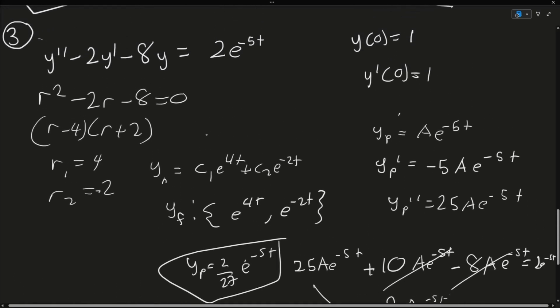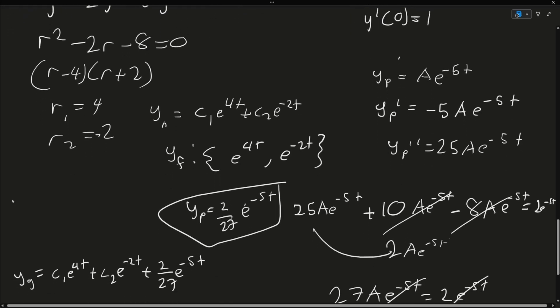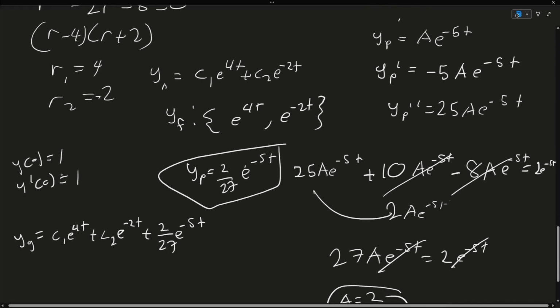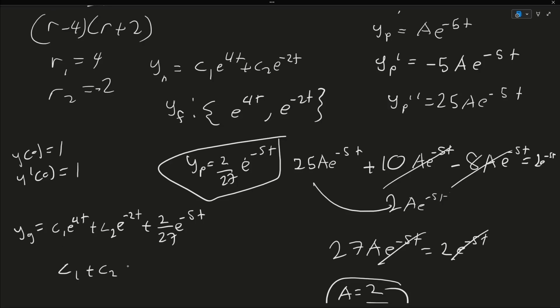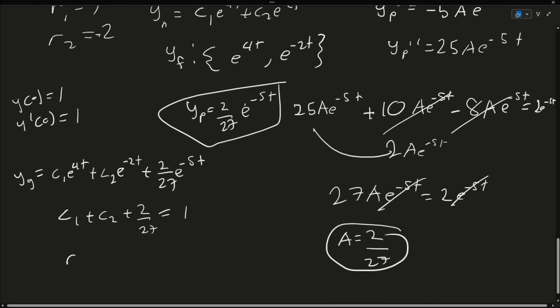Our initial conditions were both y(0) equals 1 and y prime of 0 equals 1. For y(0), this means c1 plus c2 plus 2 over 27 equals 1, because the exponential terms generate 1. So c1 plus c2 equals 25 over 27 from the first equation.